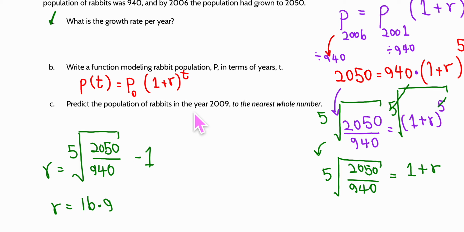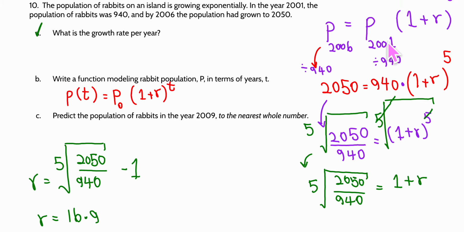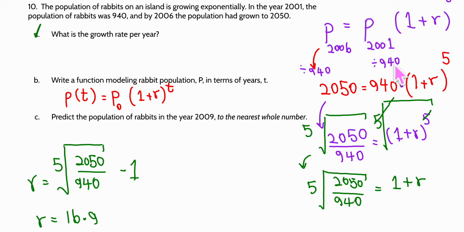So as you can tell, this is exactly the same formula that we were working with in part A. The only thing that's changed is that we are writing a general function, not specific to the year 2006 and 2001, but something that you can work with for any given amount of time.